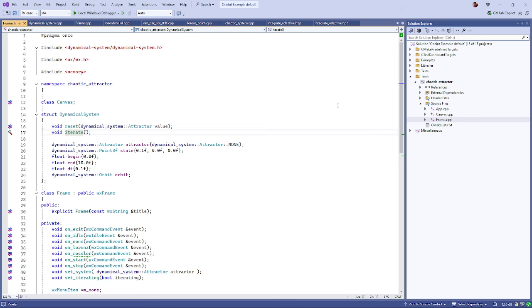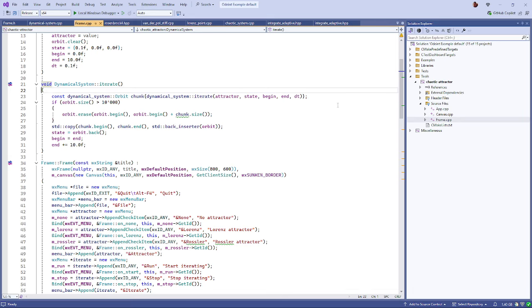And what I'm going to do when I iterate is I'm going to compute a chunk of points from the current state of the system from time begin to time end at increments of dt. And if my orbit gets more than 10,000 elements, I'm going to erase a chunk off the front, and then I'm going to copy the chunk that I just got back from the integrator onto the end.